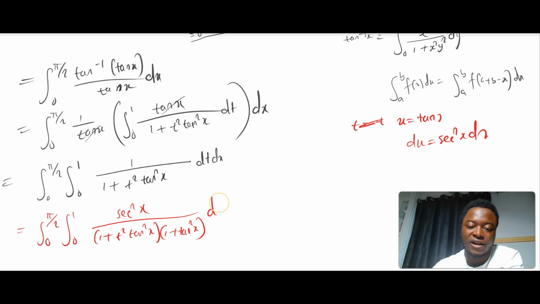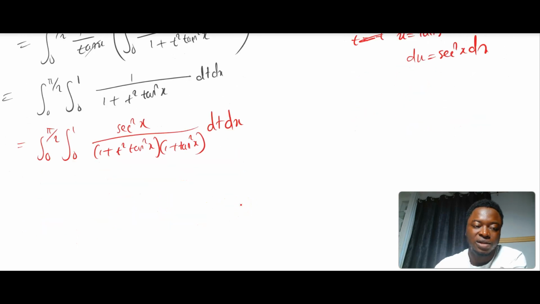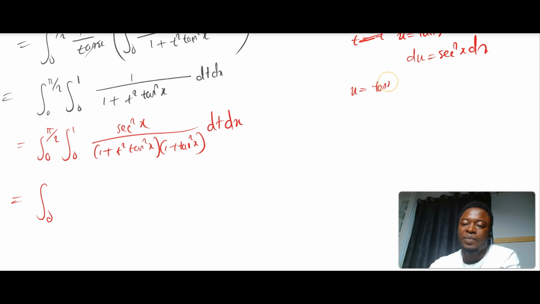So you have a dt and then you have a dx. If we take u to be tan x, when x is 0, u will still be 0, but when x is pi over 2, u becomes infinity.